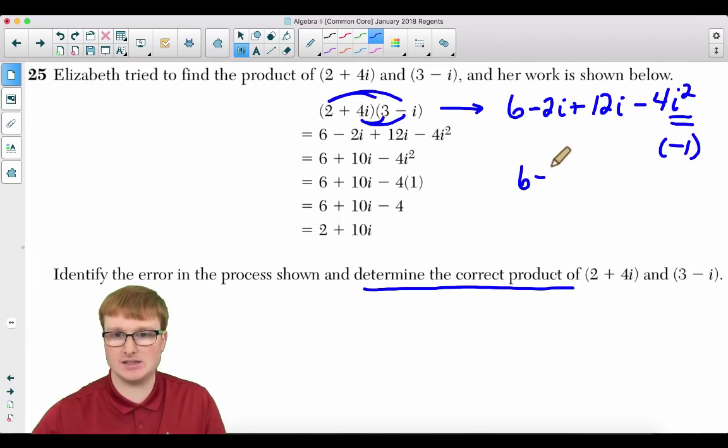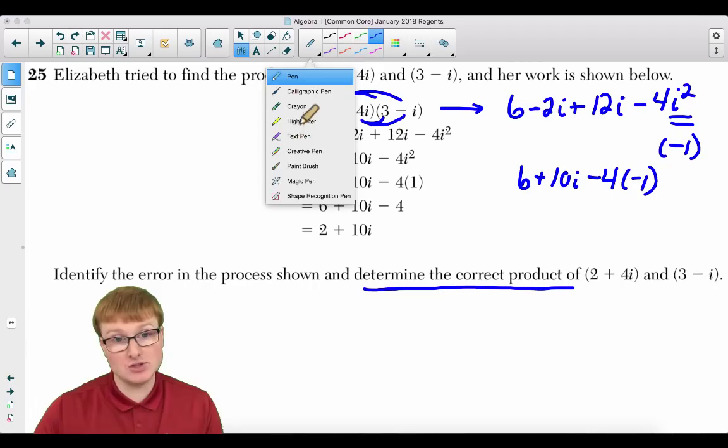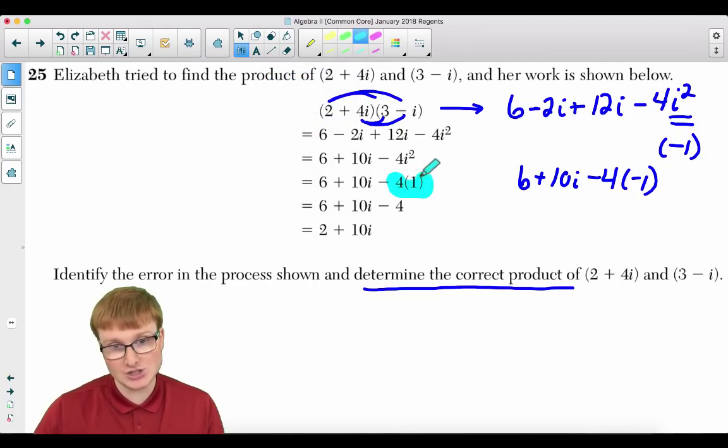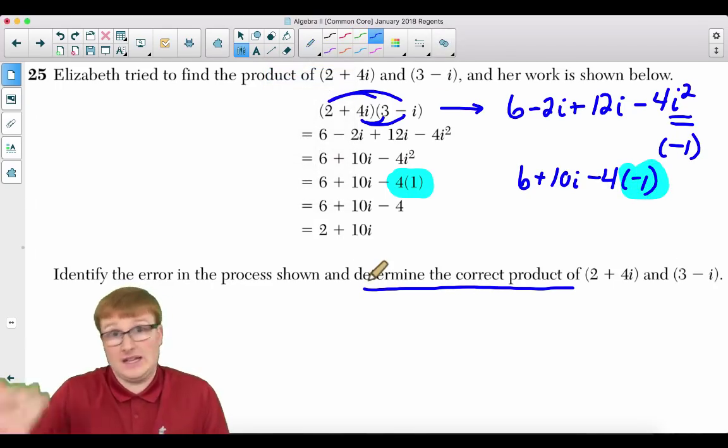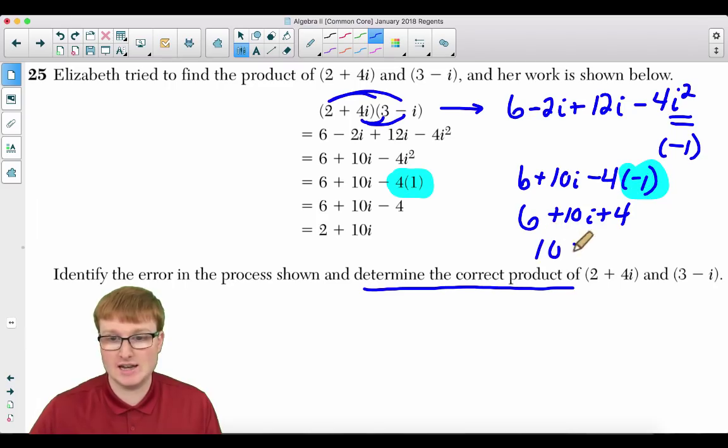So this is really 6 plus 10i minus 4 times a negative 1. Oh, I already spotted her mistake. Look at this, peoples. She made i squared to be positive 1. It should be negative 1. So that's the error. So the correct product is actually 6 plus 10i plus 4, which is just 10 plus 10i.